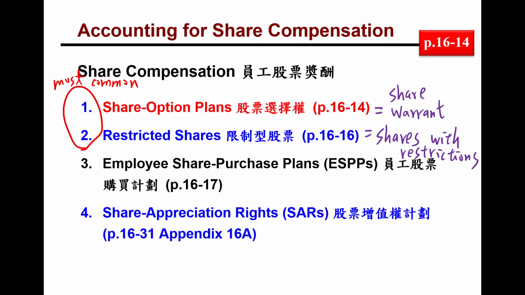Okay. So the third one is based on the difference in share price. So your employees will get the difference in share price. So that's why it's 股票增值权, appreciation. So it means employees will get the difference.